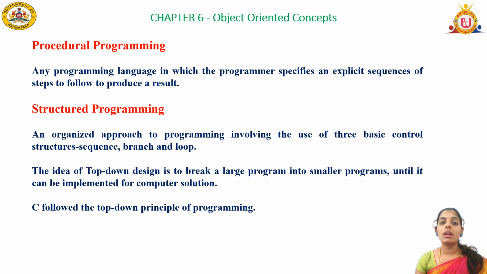It is an organized approach to programming which involves the use of three basic control structures, which are sequence, branch, and looping. Here the idea of top-down design is to break the large program into smaller programs until it can implement the solution for the computer.